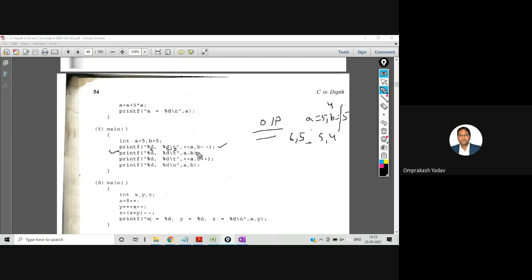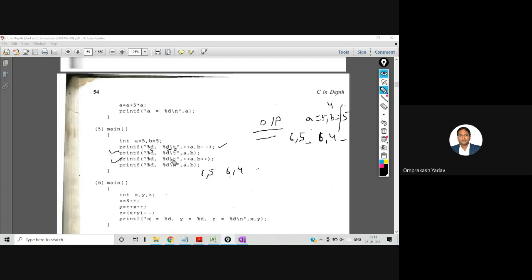Sorry, what is the a value? 6, I'm sorry. The a value is 6, and the b value got decremented, so b is 4. Now in the next line, again with the tab, the answer will come here. So I'll write it like this: 6 comma 5. Then here will come the answer.